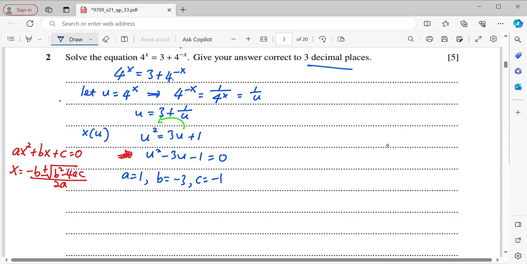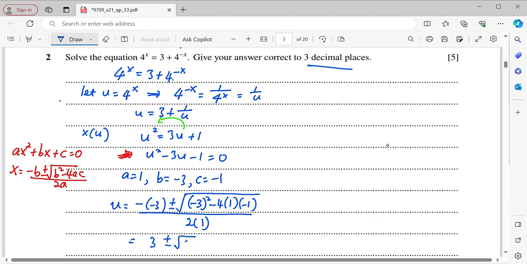So u = (-b ± square root of b squared - 4ac) over 2a, which is (3 ± square root of 13) divided by 2.